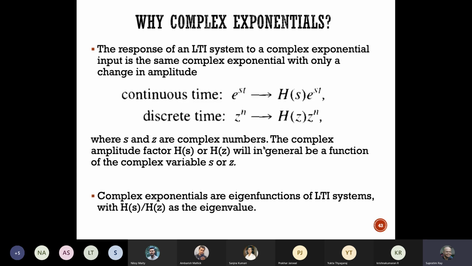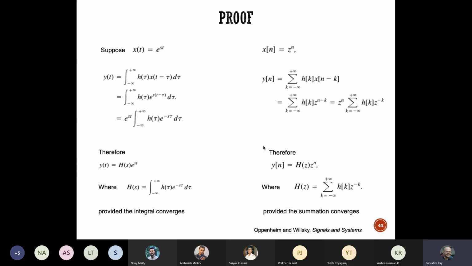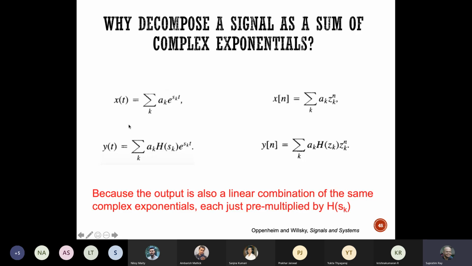And the answer is that if you give a complex exponential as an input, you get a complex exponential as an output from a LTI system, where just the output is multiplied by some number, some complex number, which is given like this. Okay, and therefore, if you can represent any signal as a sum of complex exponentials, you can very easily find out what the output is going to be.